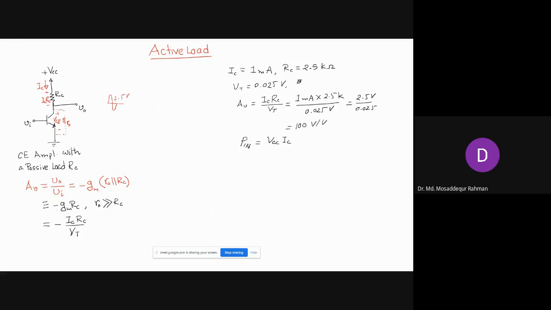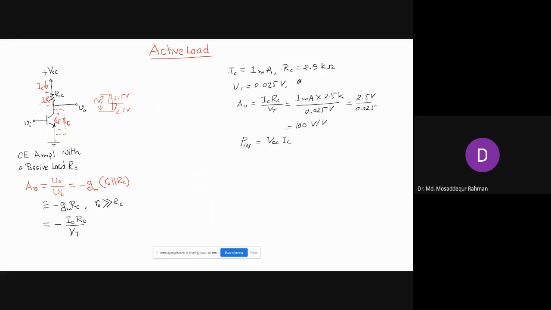If your signal swings in the positive half, then you need another 2.5 voltage in the negative half cycle of the signal, right?